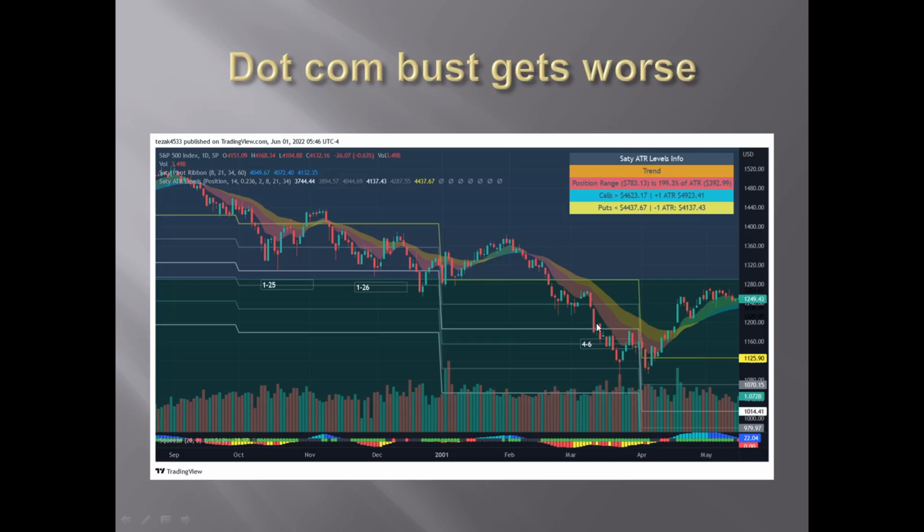I got a little bit of upside here before reversing. You'll notice it didn't really hit anything here, so this probably would have been hard to play, but if you had added, say, on the reversal down here, you got a decent move up to here.